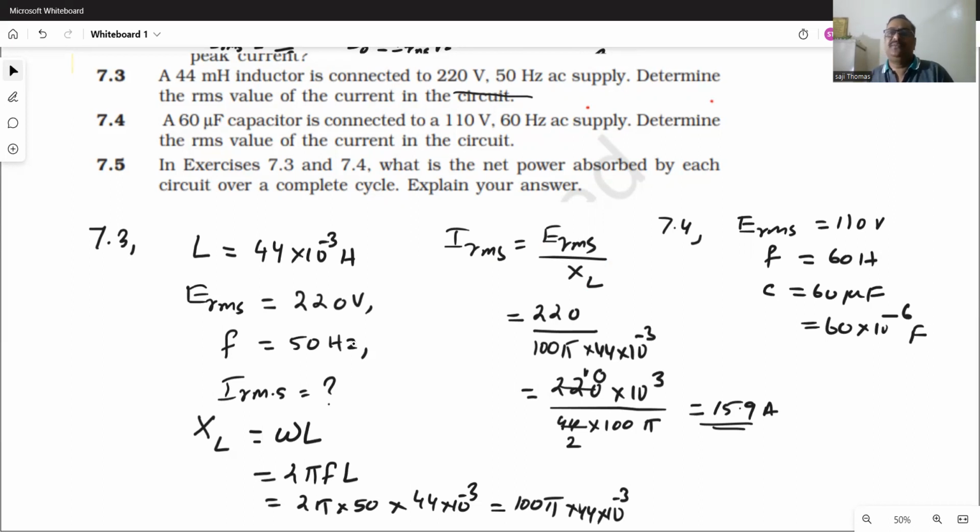See, this is a pure capacitive circuit. So you know the equation for capacitive reactance. Capacitive reactance XC equals 1 by omega C. Now you can find out IRMS, ERMS divided by XC.